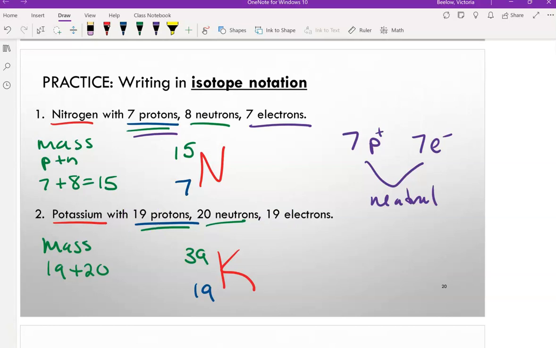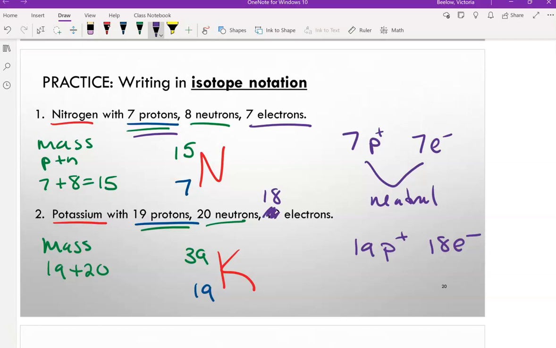I have another example where I'll show you what it looks like with a charge. Let's say, hypothetically, this was 18 electrons. Let's do this problem as if it does have a charge, because this one has no charge since the electrons and protons are the same. So now if I have 19 protons and 18 electrons, these are not the same.